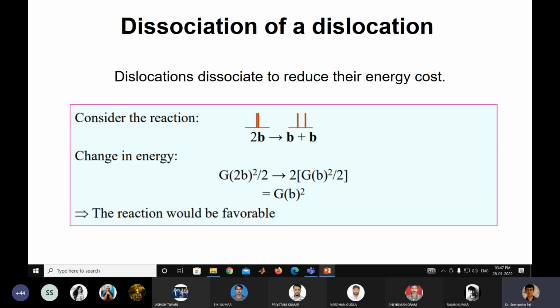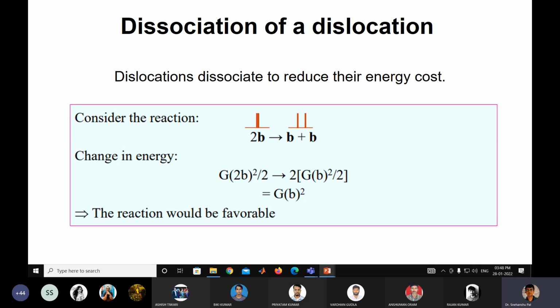Now dissociation of dislocations, we are going to understand why it will occur and what the phenomenon is. So first, if you want to know why dislocation dissociation occurs, the dislocation repulsion and attraction we understood is driven by the reduction in the elastic energy. Attraction or repulsion, both are driven by making the scenario such that there will be a reduction in elastic energy.